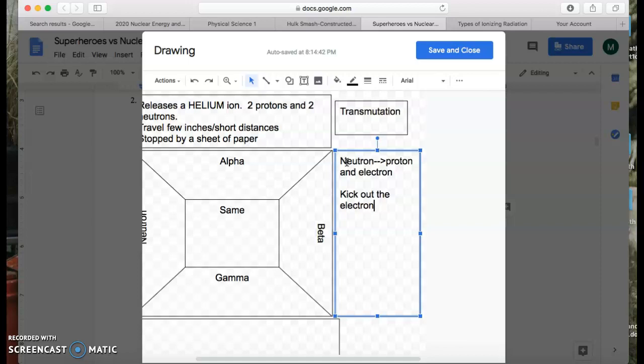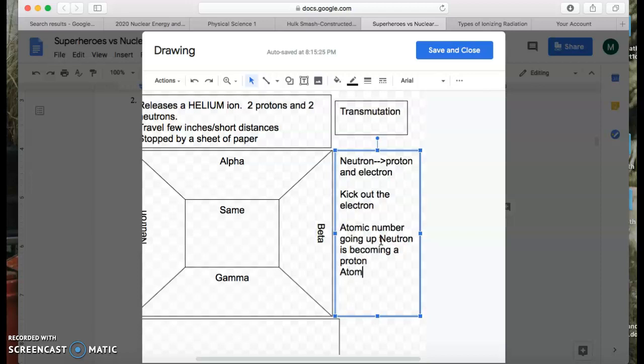So ultimately, what you have here is your atomic number is going up. Why is your atomic number going up? Because a neutron is becoming a proton. When you change the proton, you change what the atom actually is. Now, the reason I'm emphasizing the proton and the atomic number is that a lot of people think, oh my goodness, that means the atomic mass changes.